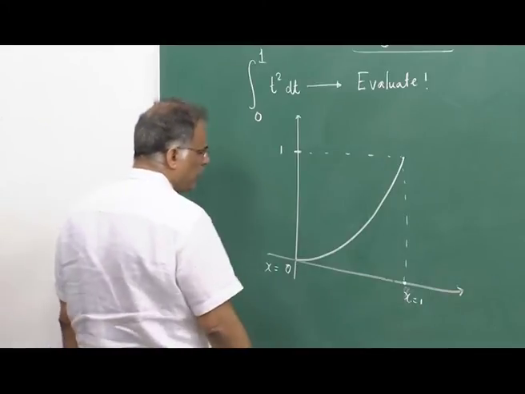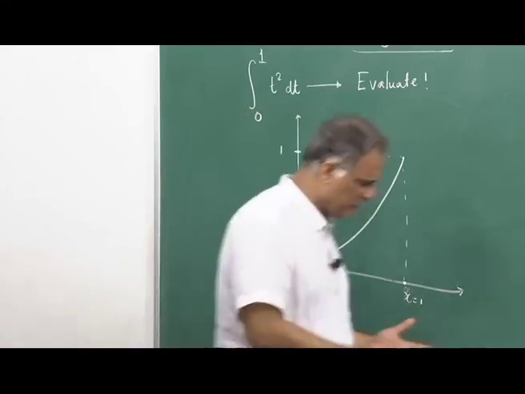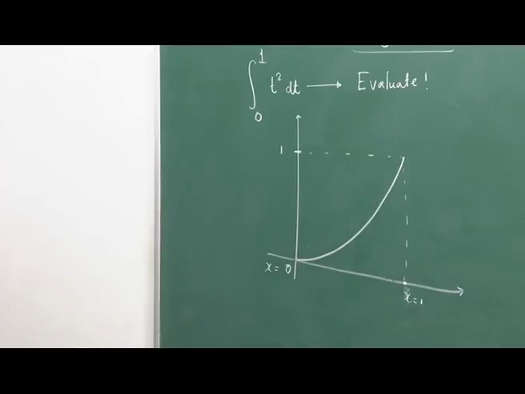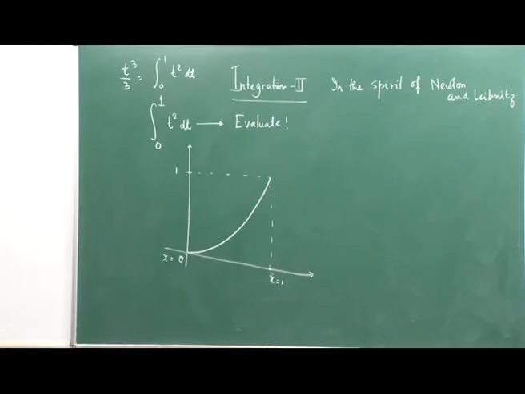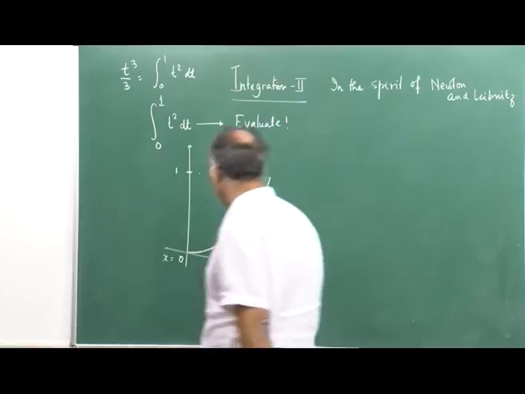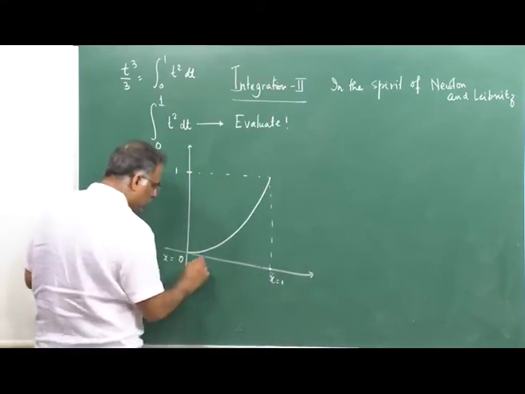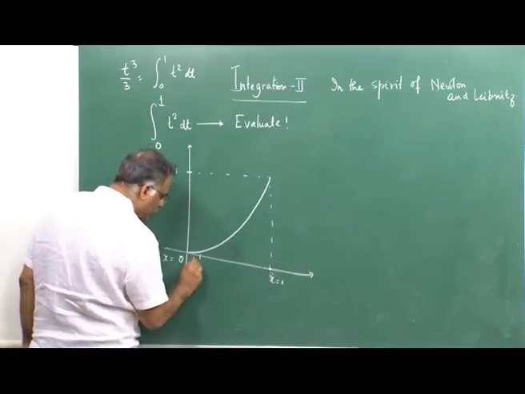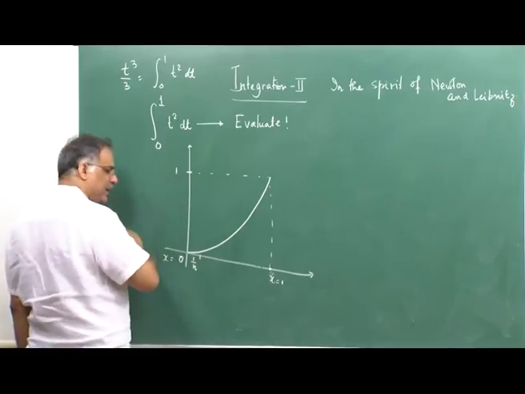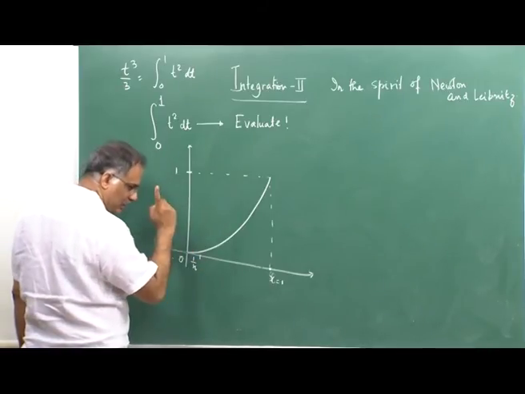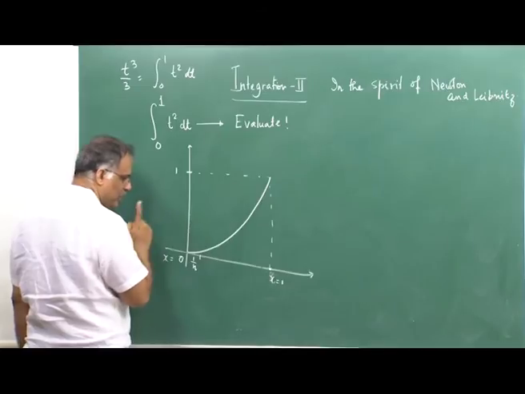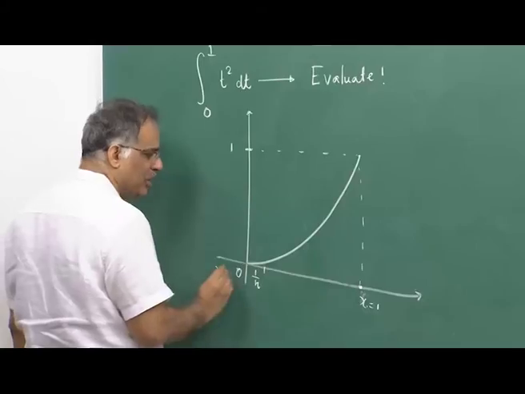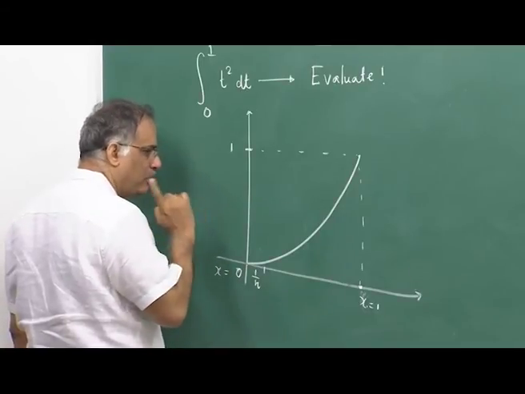Now, I will divide this 0 to 1 interval into n parts, each of length 1 by n. Here b is 1 and a is 0. So, its step length h is 1 by n.